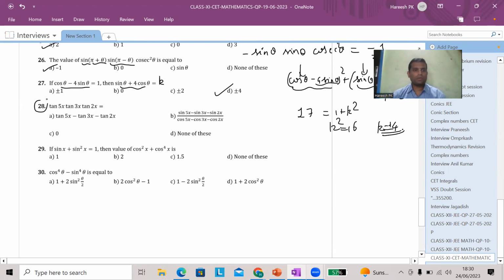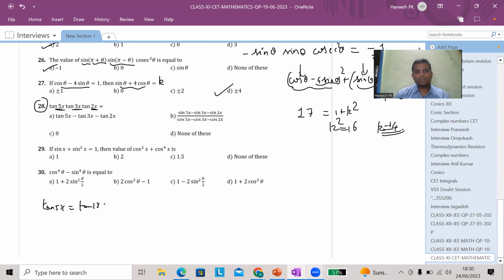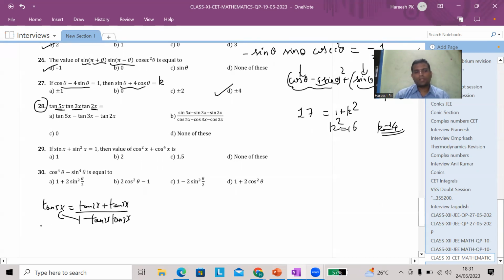This, again, they are talking about 2x, 3x, 5x. So again, start with tan of x plus y formula. So I can write tan 5x as tan 2x plus tan 3x by 1 minus tan 2x tan 3x. Just cross multiply. You get tan 5x minus tan 5x tan 2x tan 3x.